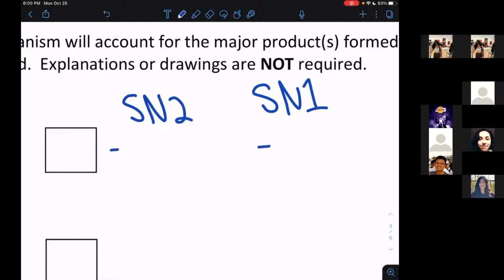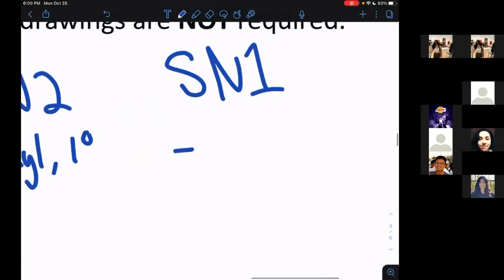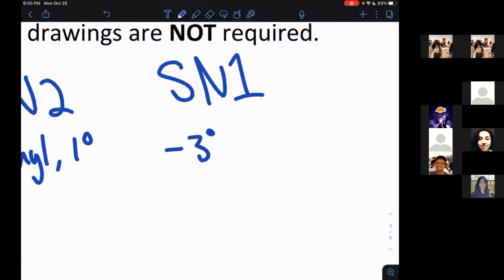When it comes to the structure that they're going to be attaching to, SN2 prefers methyl groups or 1-degree carbons. And then SN1 prefers 3-degree carbons.